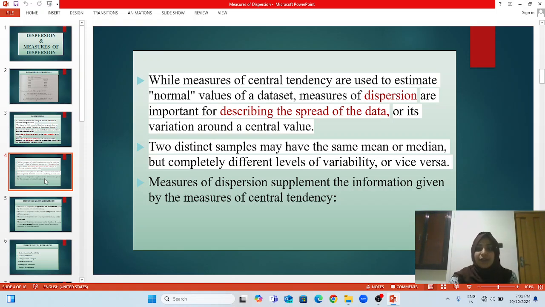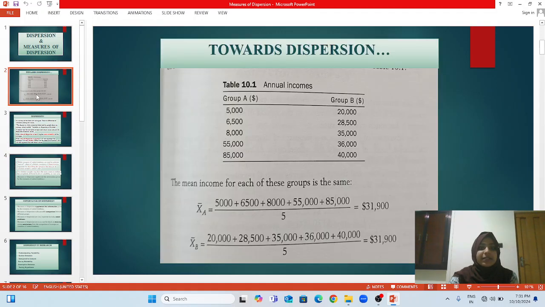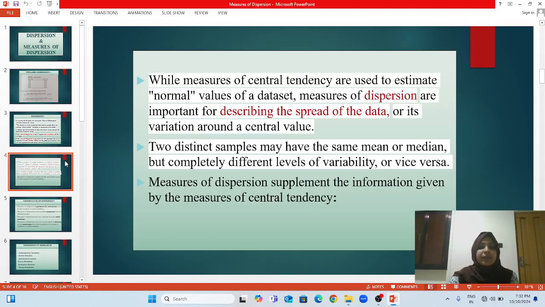As we already saw here, Group A has very spread out values. That means it covers from 5,000 to 85,000. So there is a huge dispersion or huge spreading of data. So this is the relevance of dispersion.